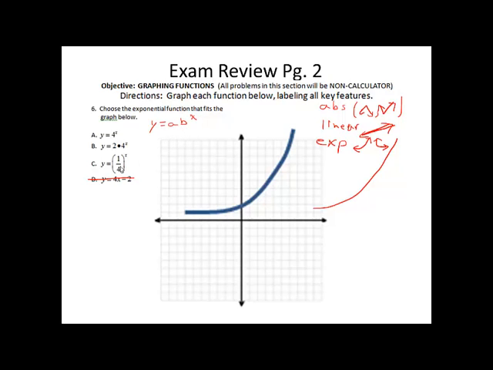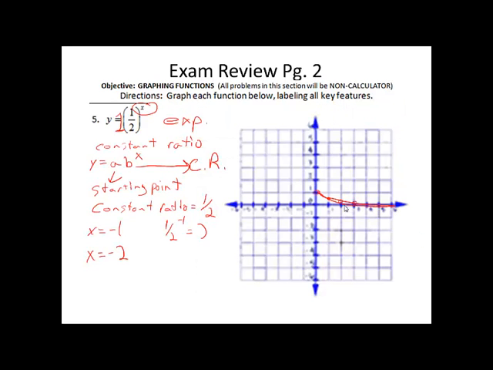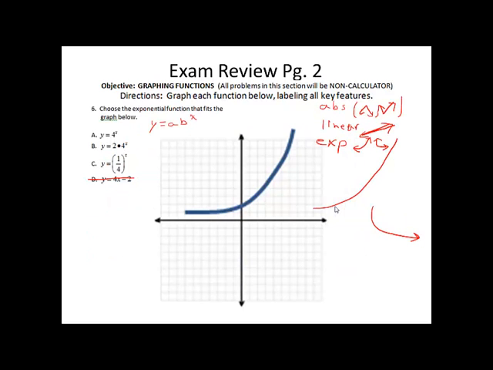Our b for c is less than 1. And remember just on the last page when our constant or common ratio is less than 1, we are going to have a graph that is decreasing. So we know that our graph is not decreasing because it is increasing, so we know that C is not our answer.